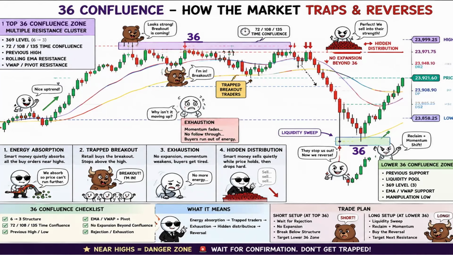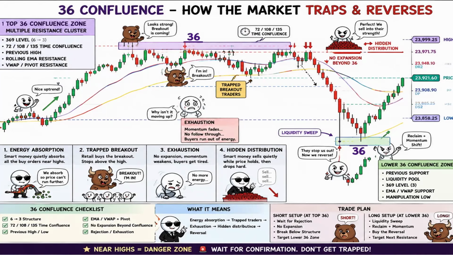Because when I applied the logic of 3, 6, and 9 to intraday price behavior, something became very, very clear. The market has energy. It accumulates, it expands, it completes, and then it resets.